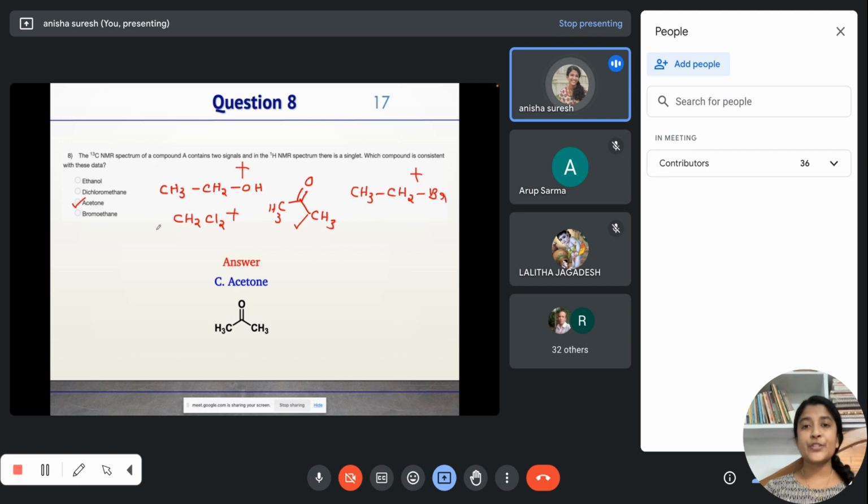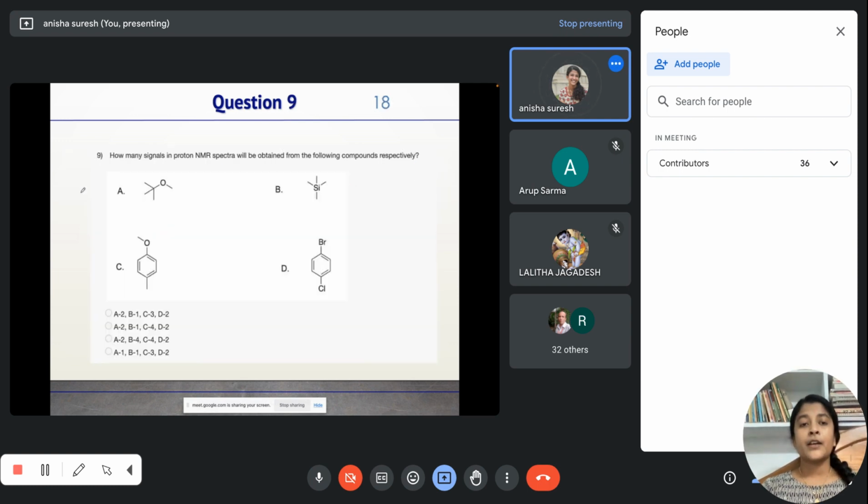Now let's move on to question number 9. How many signals in proton NMR spectra will be obtained from the following compounds respectively? This is compound A, this is compound B, this is compound C, and this is compound D. We have to see for each of the compounds how many signals will come in the proton NMR spectra.